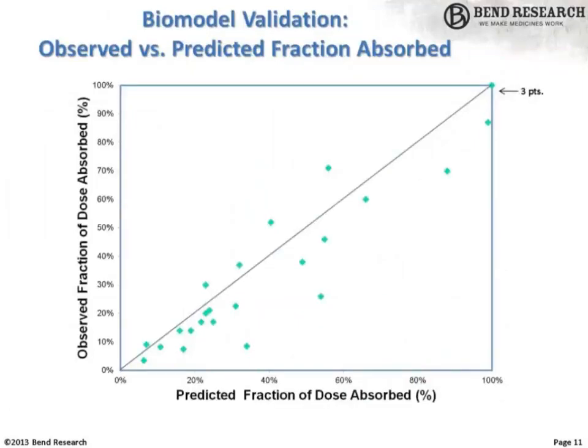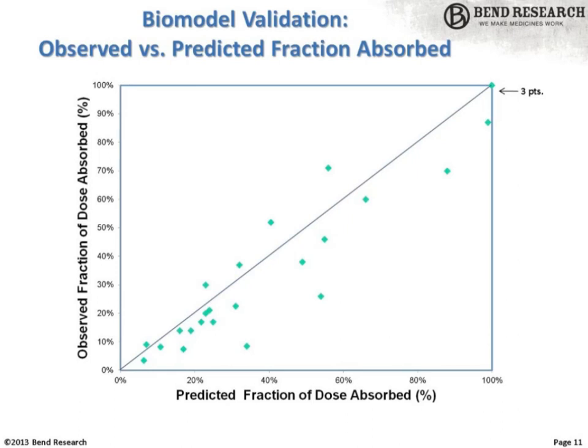And then slide 11 simply shows that for a variety of compounds, we've plotted the observed fraction of the dose absorbed as a function of the predicted fraction of dose absorbed. And you can see from this graph that there's a fairly good correlation, well, not perfect, because we're not taking into account all of the things like metabolism or gut metabolism that might occur due to other things going on.